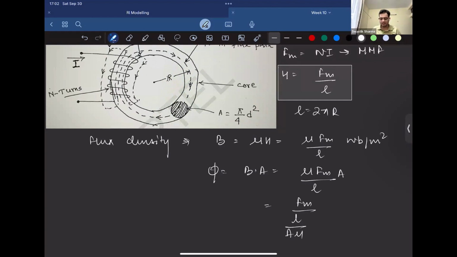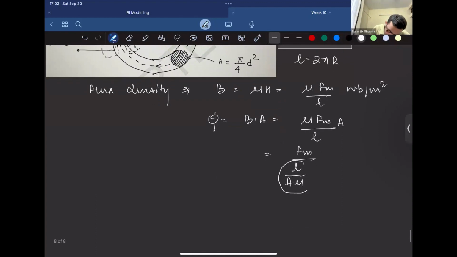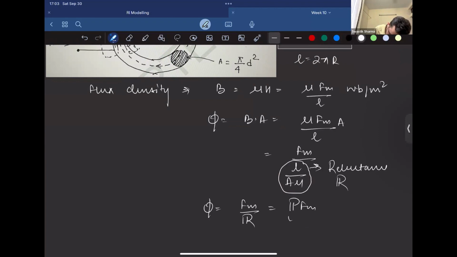I just moved those two terms, A and mu, from the numerator to the denominator, right? This term is called reluctance, denoted by R, and hence phi can be written as Fm upon reluctance, or Fm times permeance. This is called permeance.